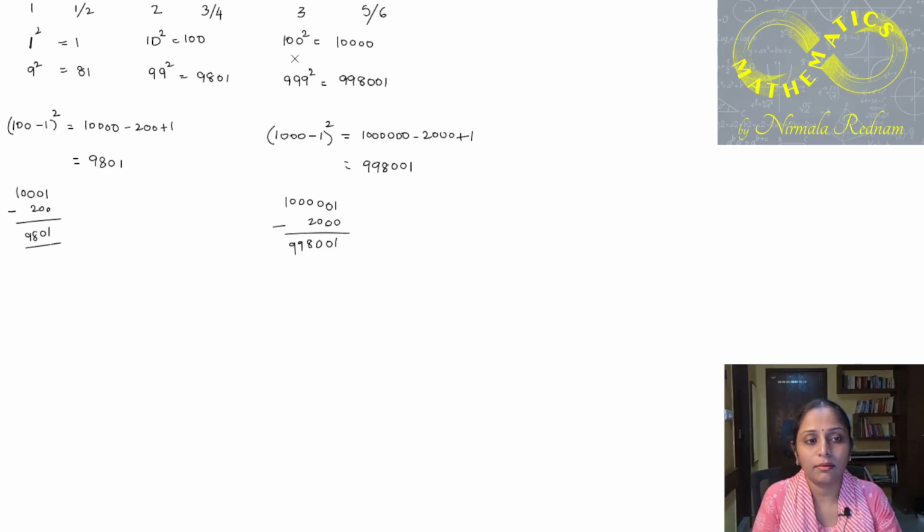There are a few questions they have asked about the number of digits in the square root of a given number. So for that we are trying to deduce a formula here. Let's see how we are going to do that. If the given perfect square has 2 digits, then the square root is going to have half of it, which is 1.